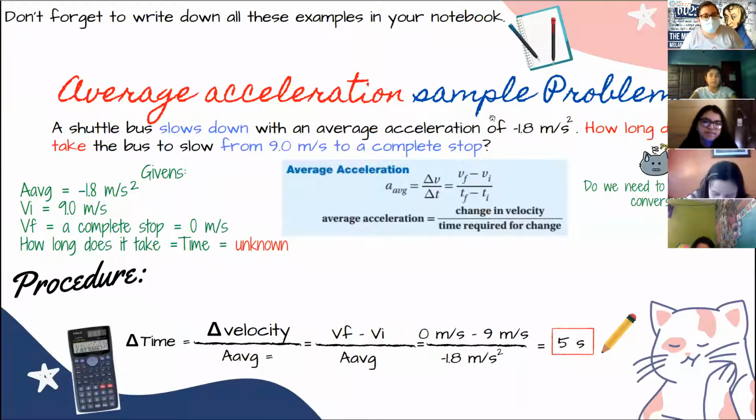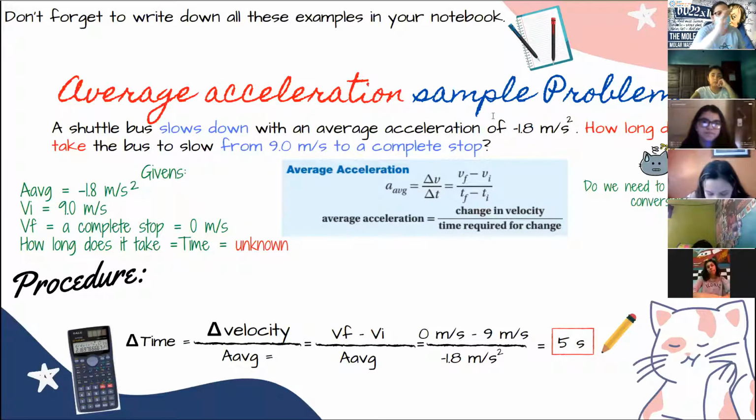So when it says to a complete stop, it says from 9, it means that initially it was traveling with 9 meters per second and then finally stopped. Okay, so you have an initial and final condition for velocities right here.